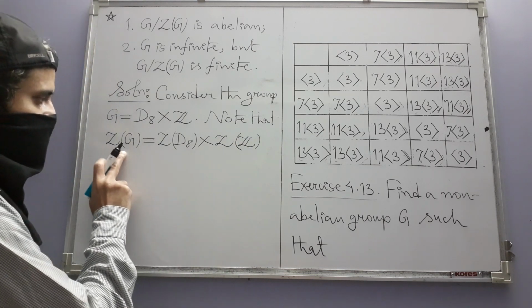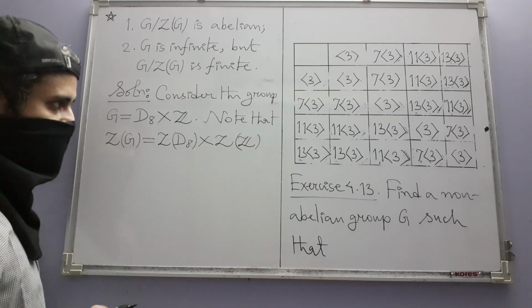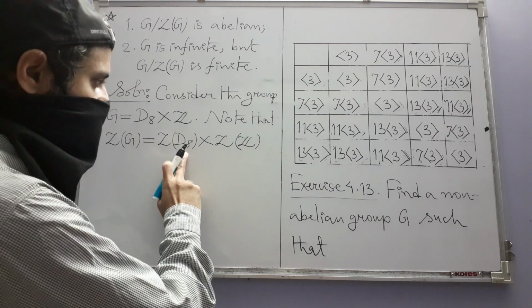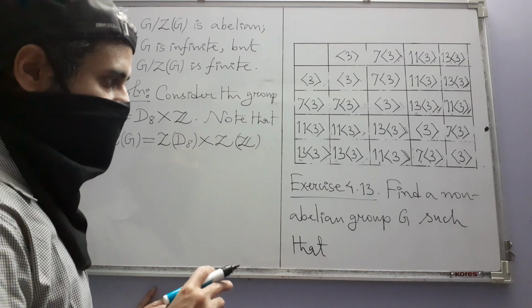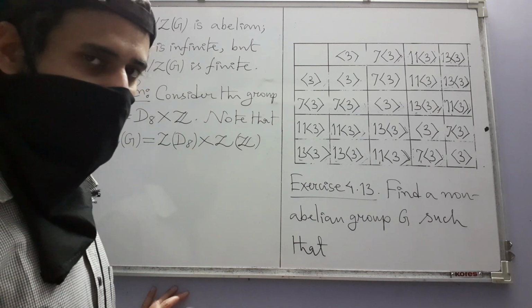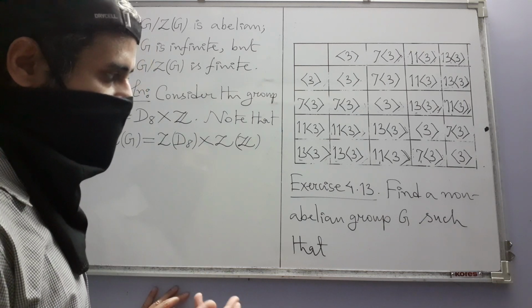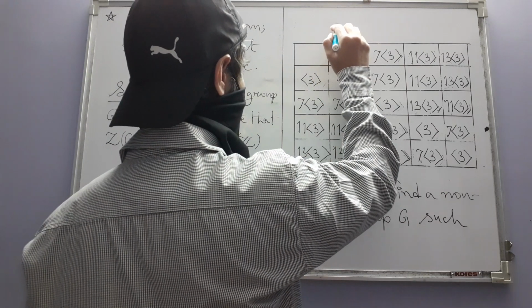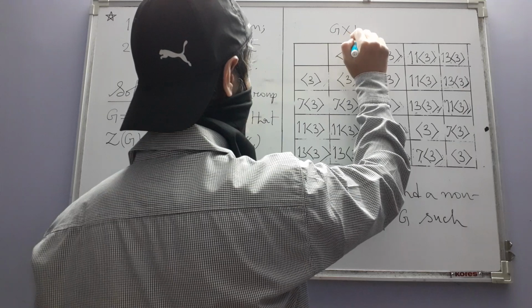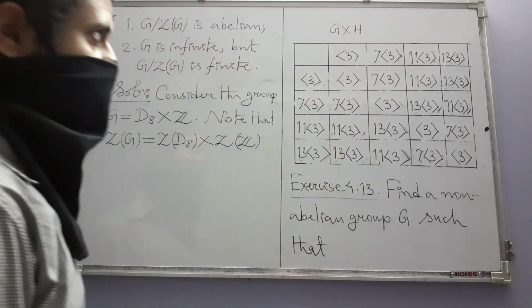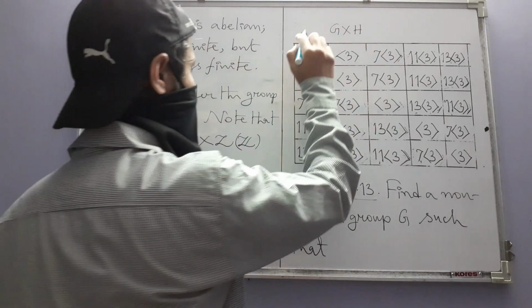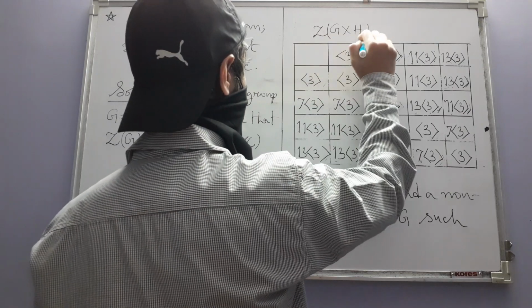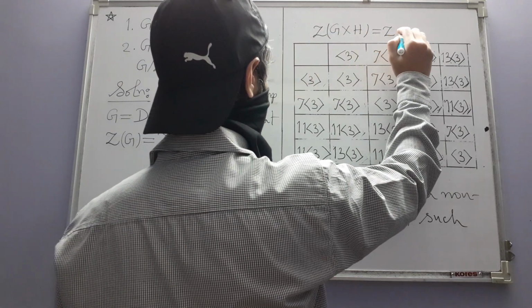You should understand that this identity is true not just in this case but in any such direct product, and it's extremely straightforward to prove. So what I'm saying is that if G and H are two groups whose direct product you have considered, then you have this.